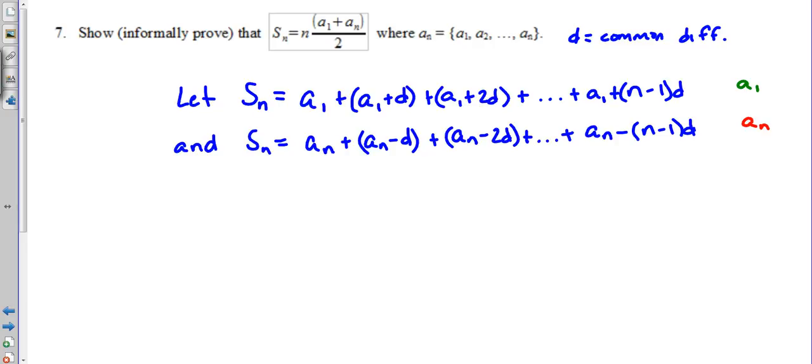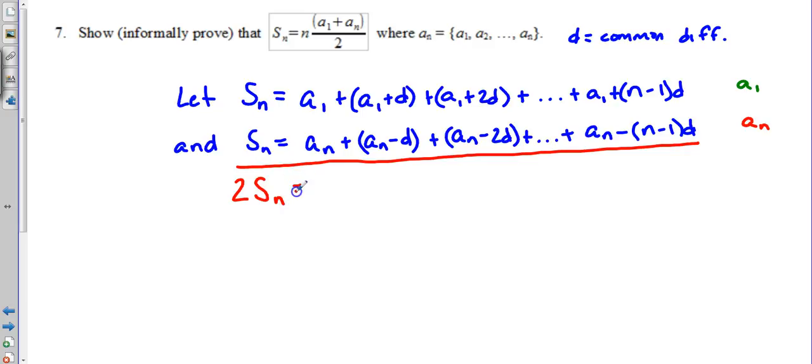So the proof follows that we've got these two different expressions. Well, let's just add these two expressions together. So if I take these two expressions, I add down because we have a system of equations. I now have 2 times S sub n is equal to, and similar to what we did before, we're going to pair these up. So I've got a sub 1 plus a sub n, and here, notice if I pair these up, I've got a sub 1 plus a sub n plus d minus d, so those are going to drop off.